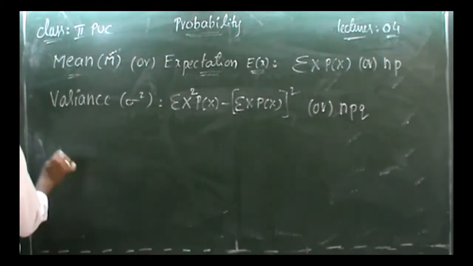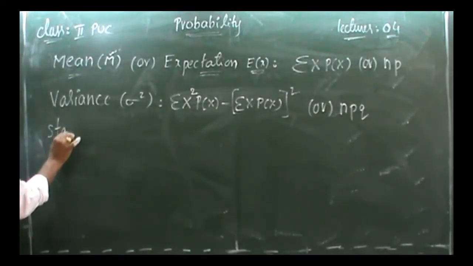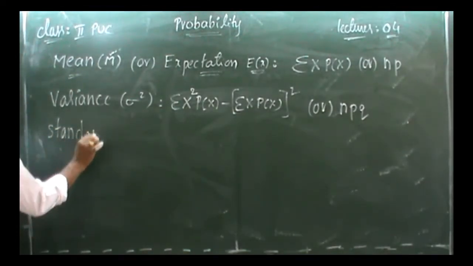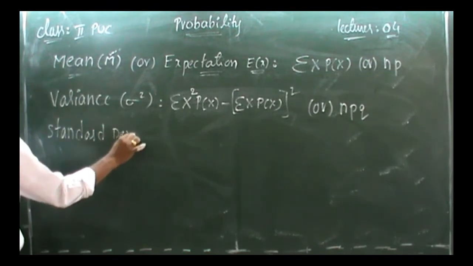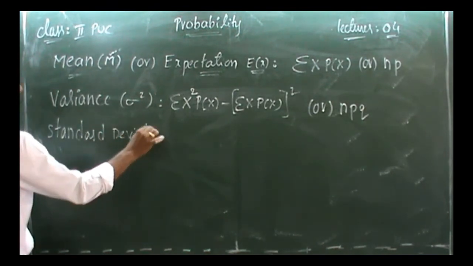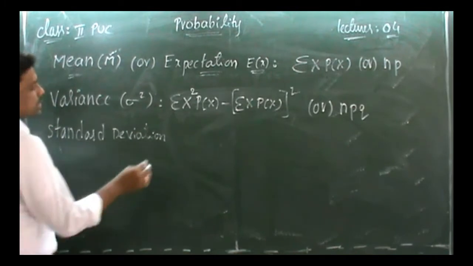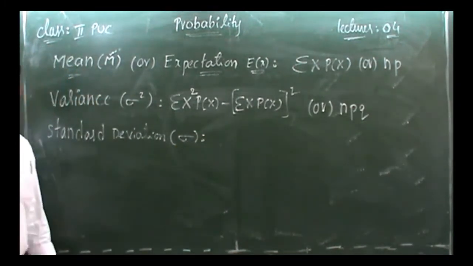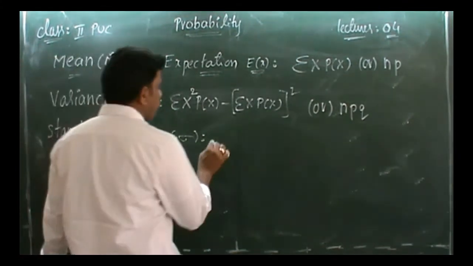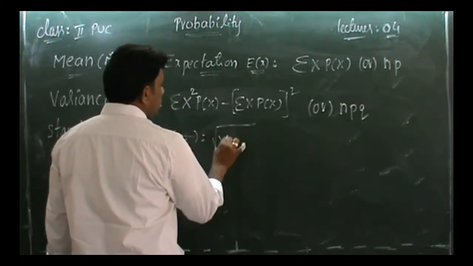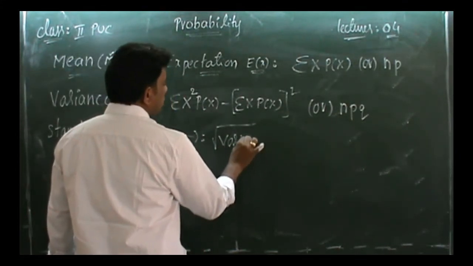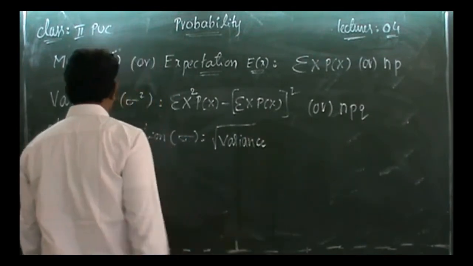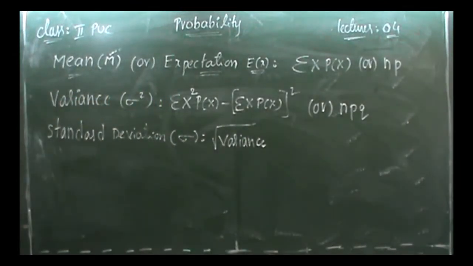npq. Afterwards, next one is the standard deviation. What is the standard deviation? Standard deviation is indicated by the letter sigma. The formula is the square root of variance. So the square root of variance is called the standard deviation.